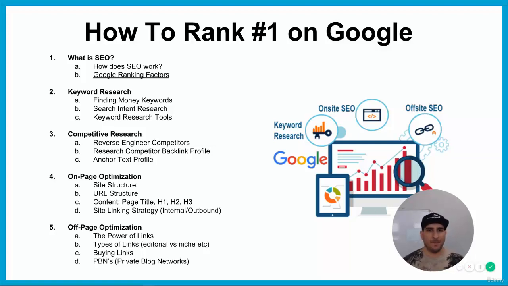But the biggest thing here is understanding that links coming back to your site, increasing your popularity, getting other sites that are niche related, that are relevant to your topic, is going to be the most important ranking factor. Because just because you have your site properly set up with the right kind of content and it's properly optimized with your on-page content and all this stuff, you're not going to show up on the first page of Google, right?